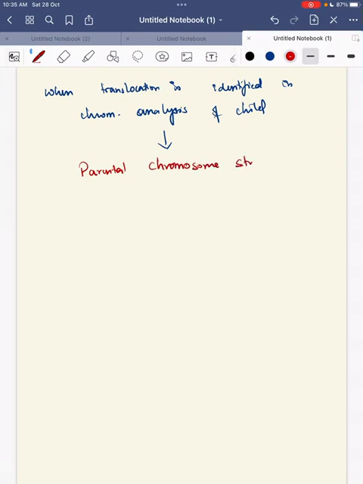Why we do parental chromosome studies is to find out the recurrence risk, that is, the chance of the next child having Down syndrome.